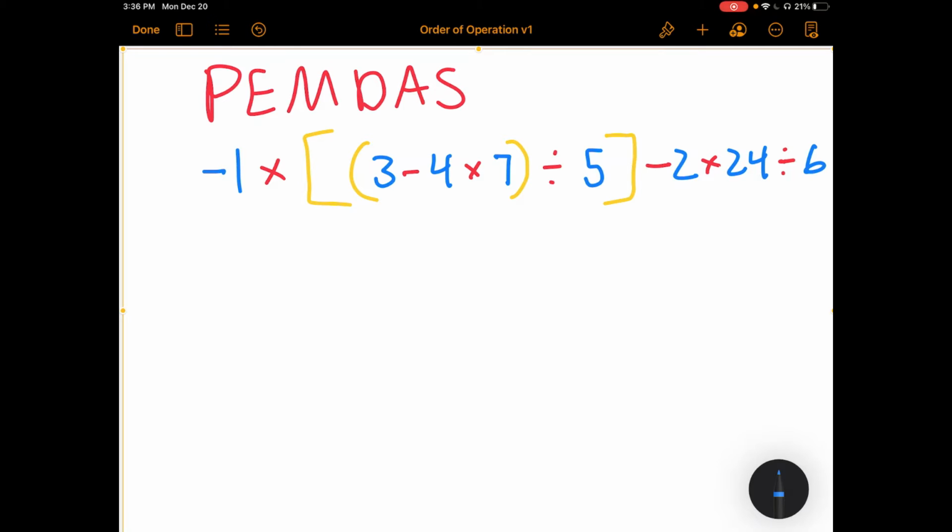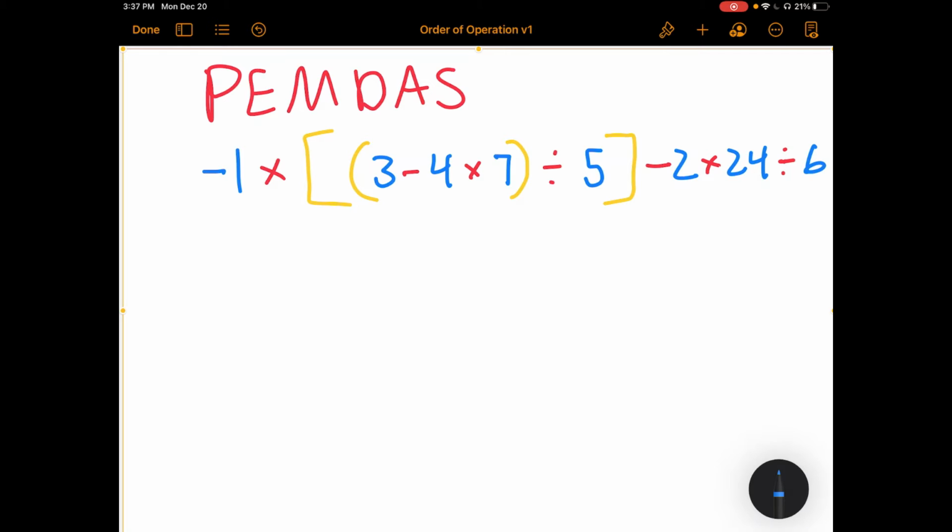So we have our problem written out here. We have -1 times, open bracket, open parentheses, 3 minus 4 times 7, close parentheses, divided by 5, close bracket, minus 2 times 24 divided by 6.